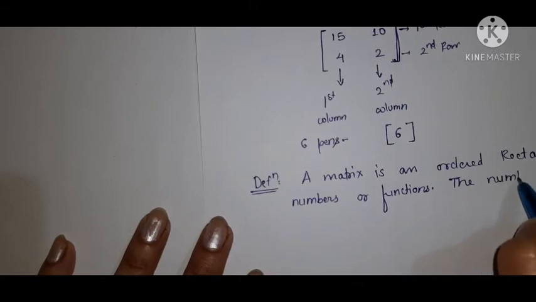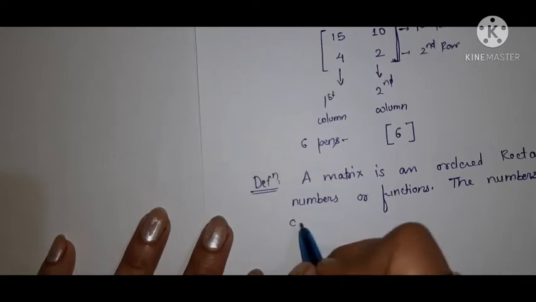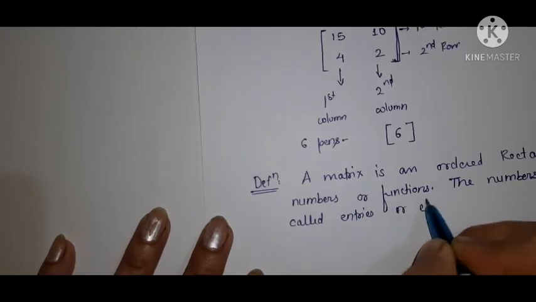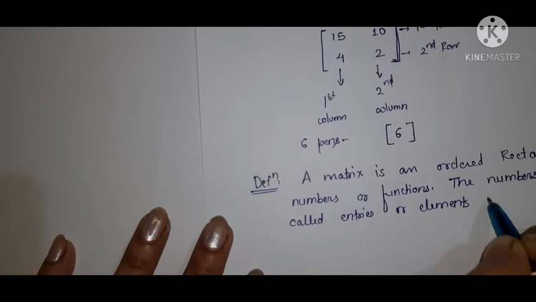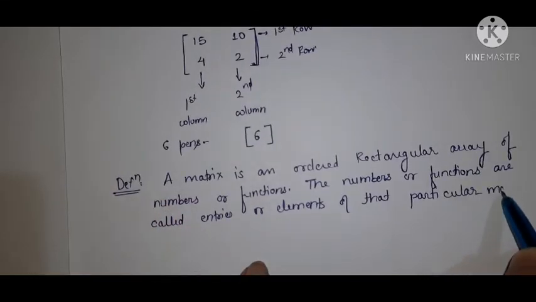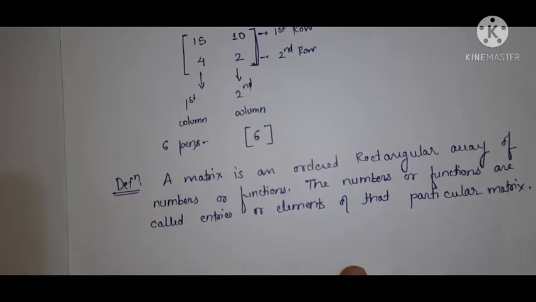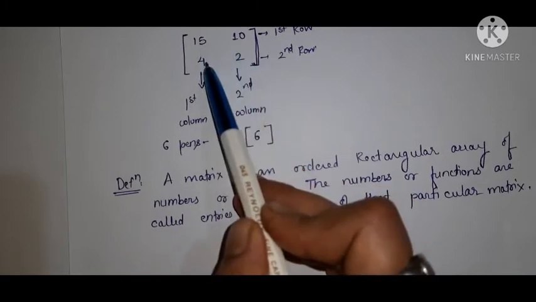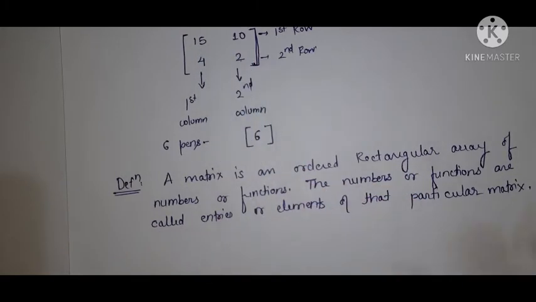The numbers or functions are called entries or elements of that particular matrix. Suppose in the above example, here 15, 10, 4, 2, all are entries.